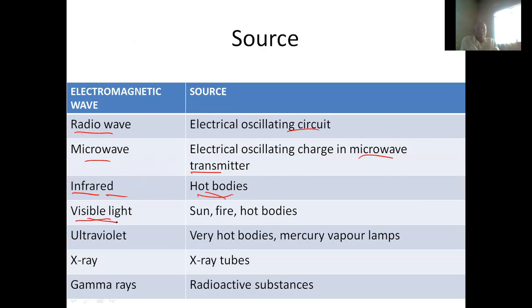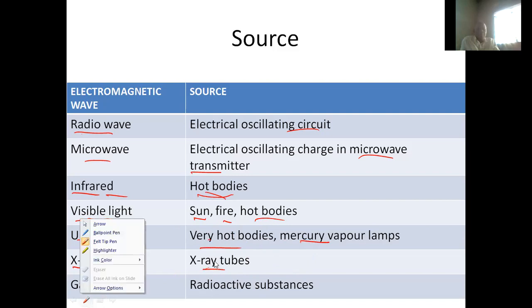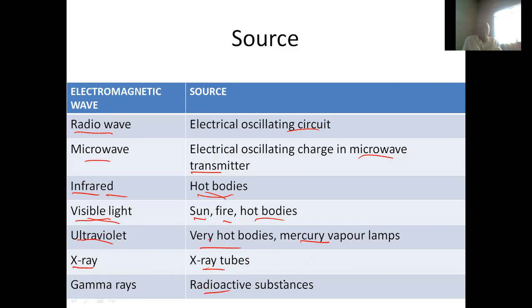Visible light is produced by the sun, fire, and other hot bodies. Ultraviolet light is produced by very hot bodies, mercury vapor lamps, and X-ray is produced by X-ray tubes. Gamma rays are produced by radioactive substances. So these are the main sources which produce electromagnetic waves.